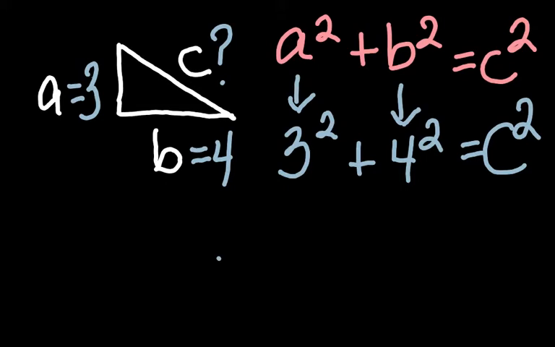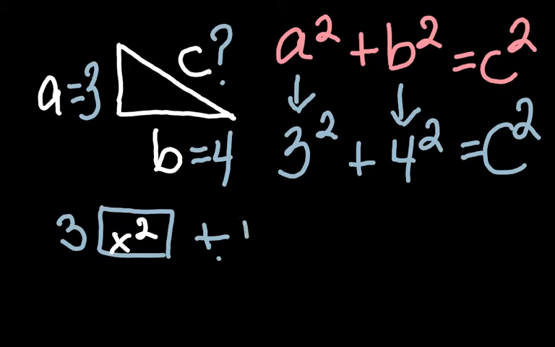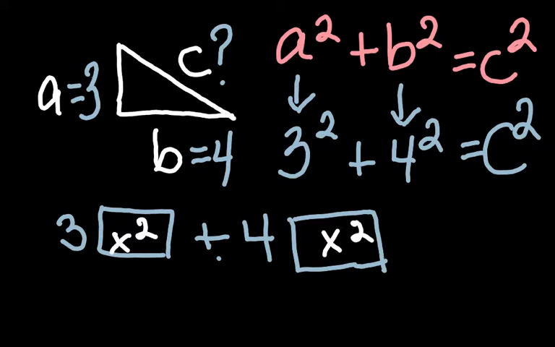So grabbing your calculator, you're going to put it in exactly as you see it. So I'm actually going to write it down here, 3, and then there's a key that looks like this. So 3 and the x squared button, and then you're going to press 4, and then press the button that has the x squared inside. Equals c squared.